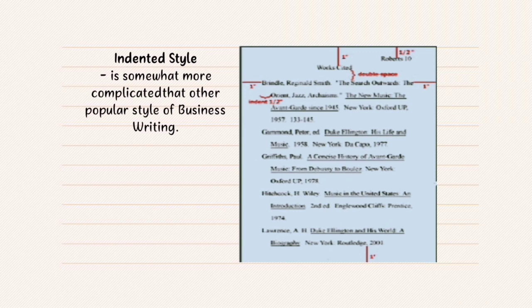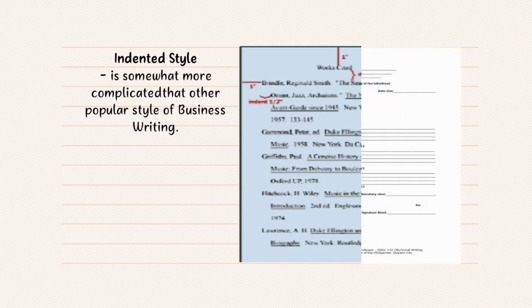Other parts are arranged as follows: the date is on the right margin, the address is on the left margin, the subject is in the middle of the two margins, and the complimentary close is on the right margin. As you can observe, actually.